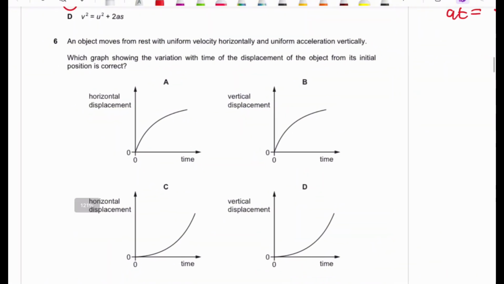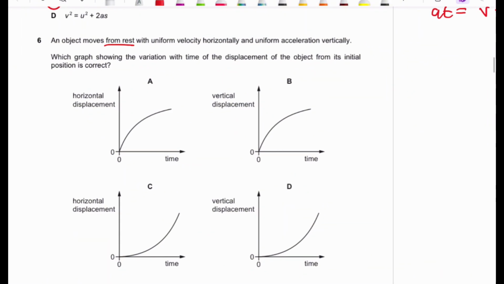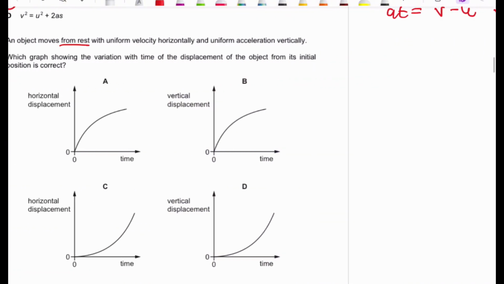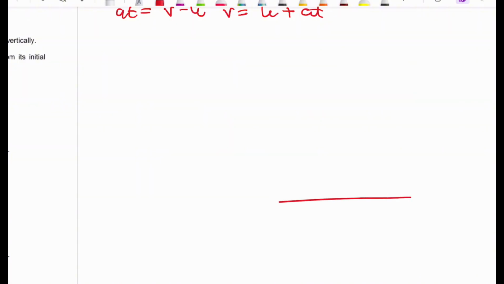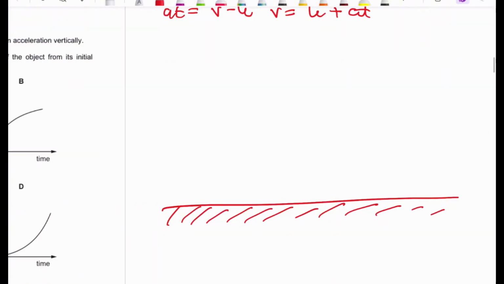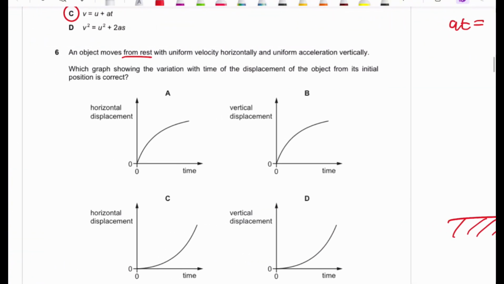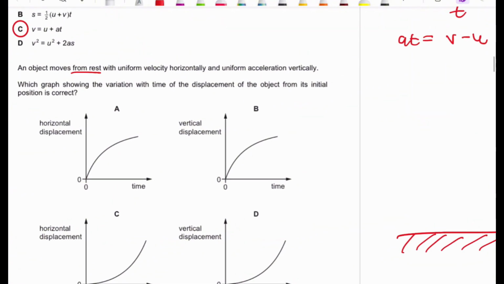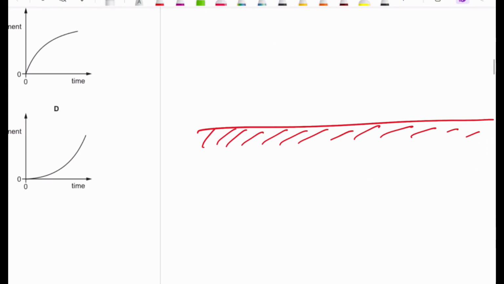An object moves from rest with uniform velocity horizontally and uniform acceleration vertically. Which graph shows correctly the variation with time of the displacement of the object from its initial position? So what can I do with this? One scenario I can think of is imagine you have a ground over here. It's more like a projectile, but we're firing it from rest with a uniform velocity. So let me create something like this.